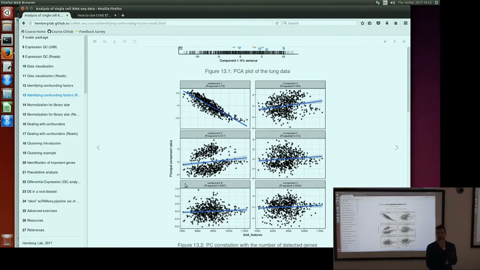Yeah, so I guess we glossed over this at the start, but when you build an SCE set object with the new SCE set function and give it counts, then the counts matrix will be retained in the object. But what appears in the expression slot, so the EXPRS slot, when you do that, is the log2 of the counts per million, plus an offset, and by default that offset is 1.